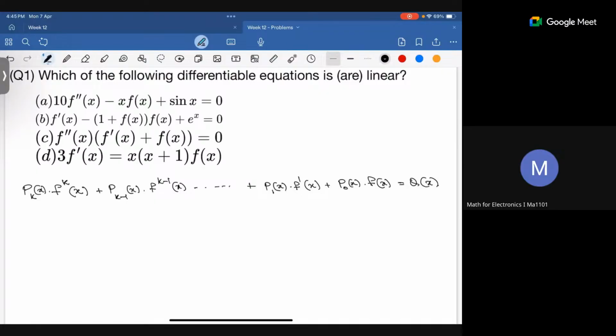Right, so this will be the general form of a linear differential equation of kth order. So kth order also we discussed in the last session.